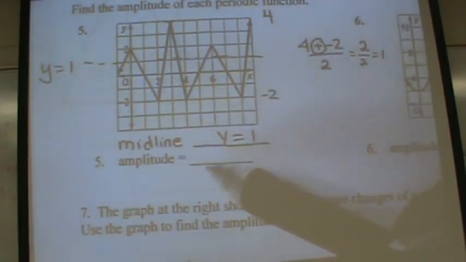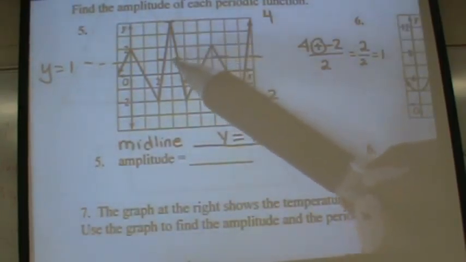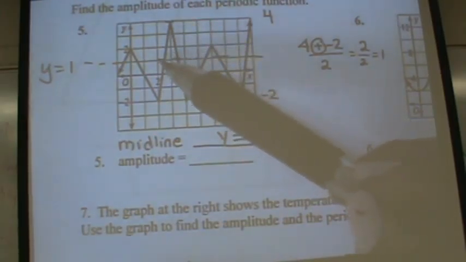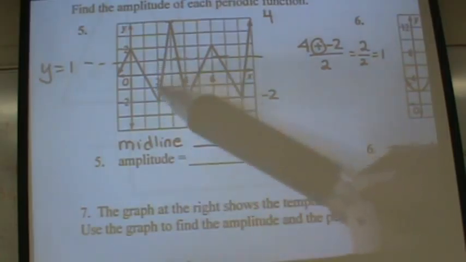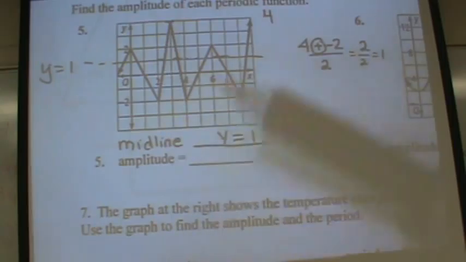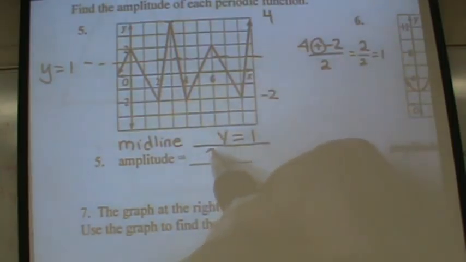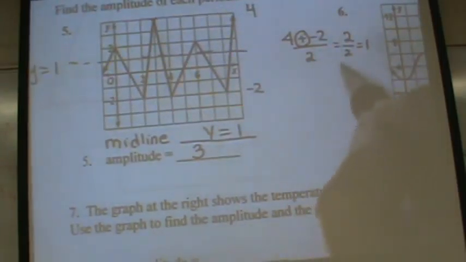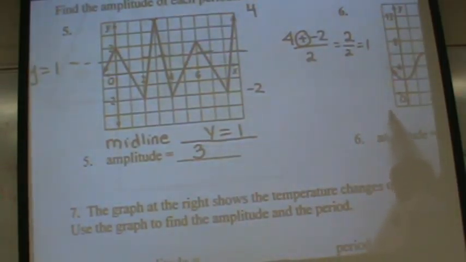Your amplitude is how high off that line your graph reaches. How many units does that graph reach above and below? 3. Now, if you wanted to figure it out mathematically, do you remember? D'Angelo, you started to say it.